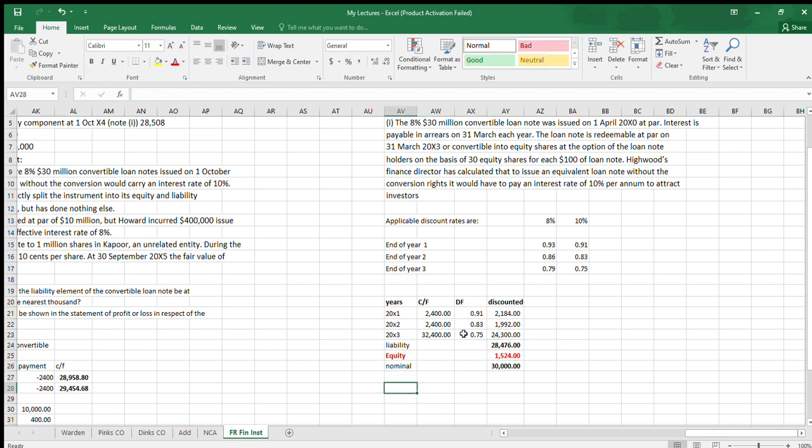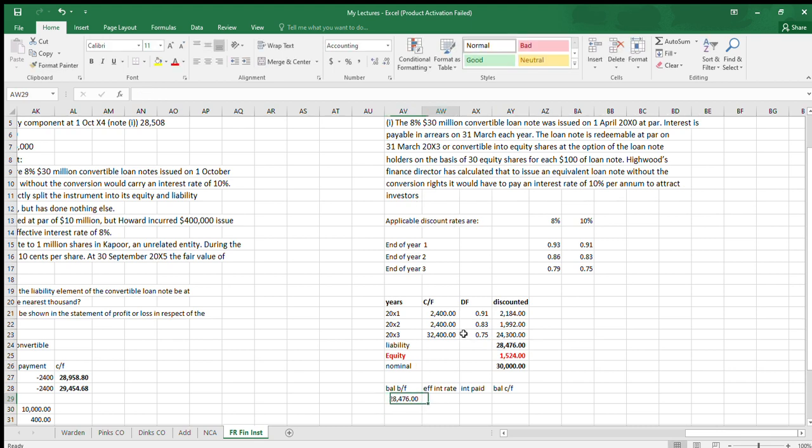So what do we do? So balance brought forward or initial recognition, effective interest rate, interest paid, balance carry forward, right? Balance brought forward is what? The liability discounted. Effective interest rate is our 10%.